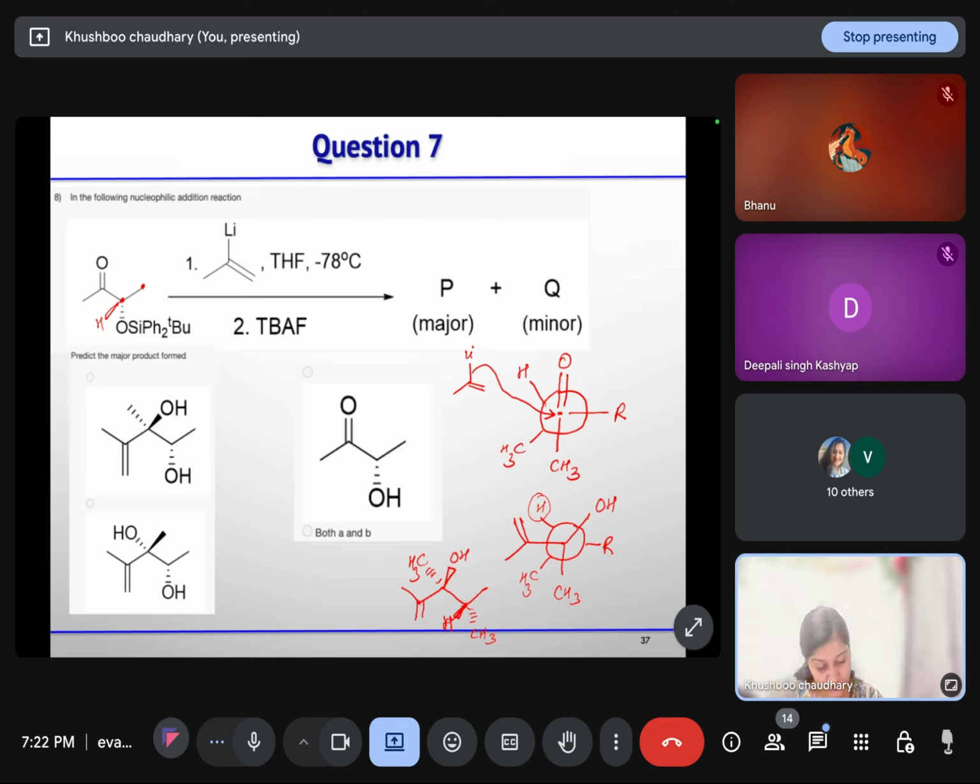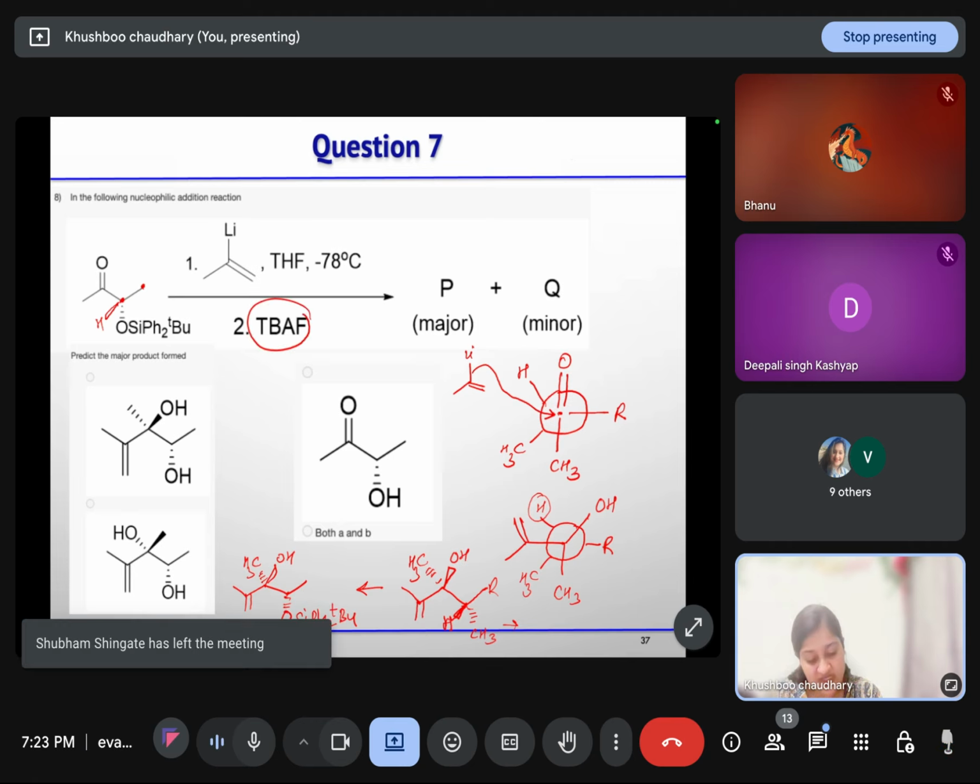Right? Now if we rotate the bond to keep the carbon in the plane, then what will you get? Here we have methyl and this is OSiPh2 tert-butyl. Hydrogen I'm not showing. Now in the second step they are giving you TBAF.